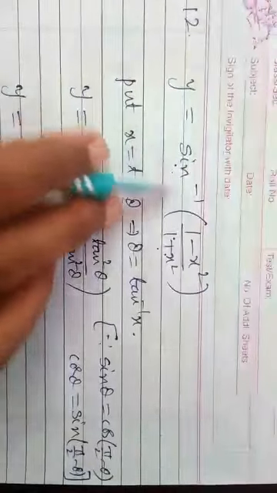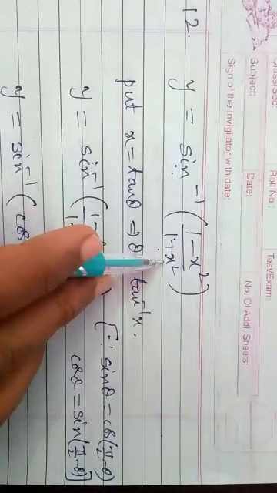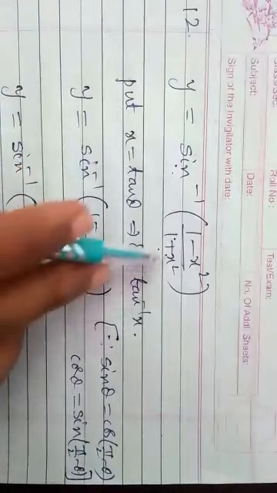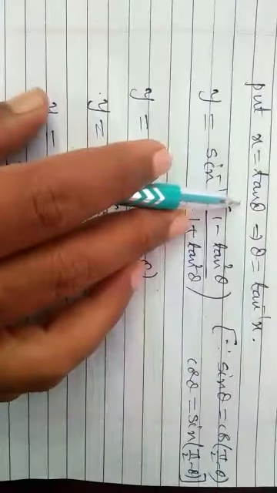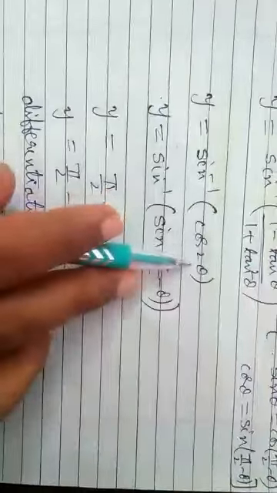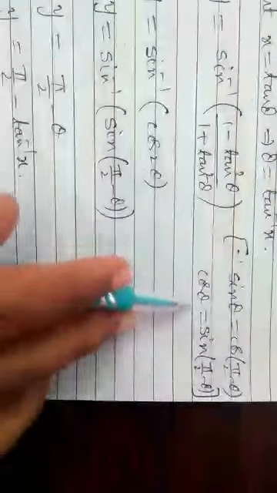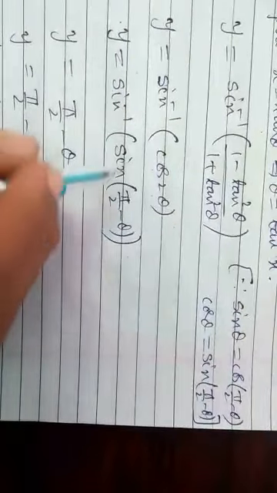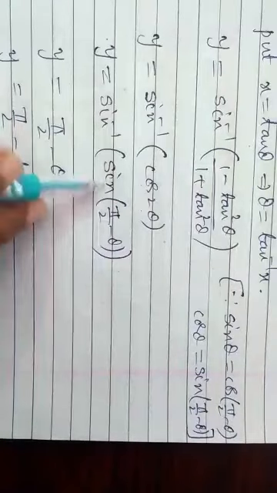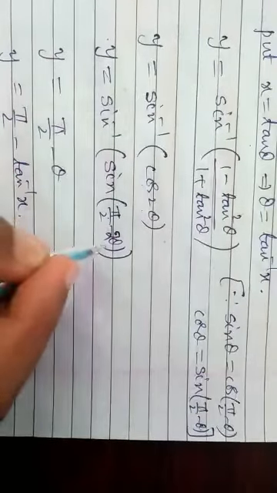Again, I am repeating, guys. In this problem, sin inverse of 1 minus x square by 1 plus x square, we are not having a chance to make it into the same function. So we take tan theta, and we are getting cos 2 theta. Cos 2 theta means we can apply cos theta is equal to sin of 90 minus theta. By applying that condition, so sorry, pi by 2 minus 2 theta, guys.